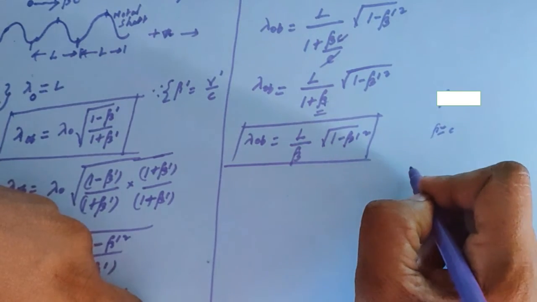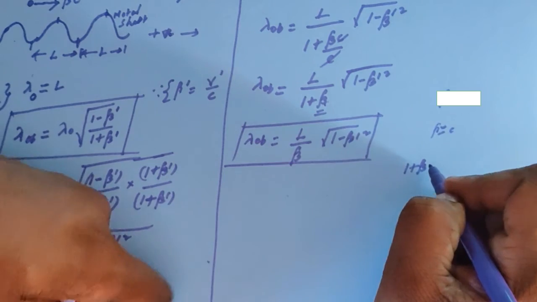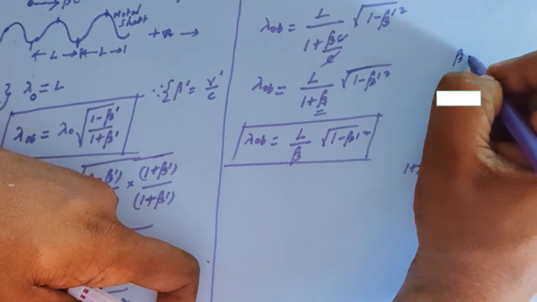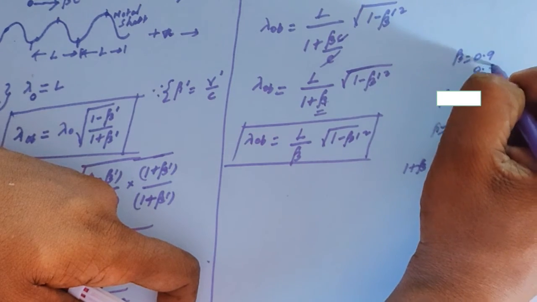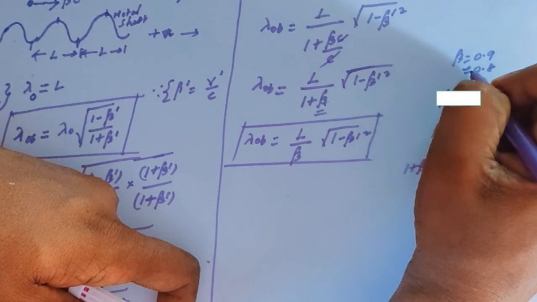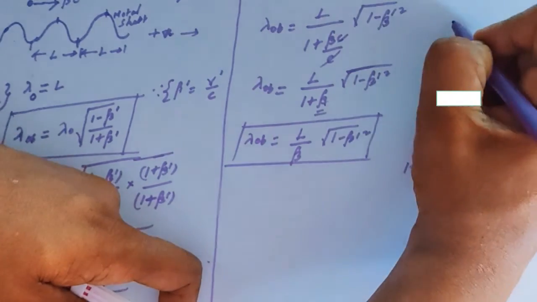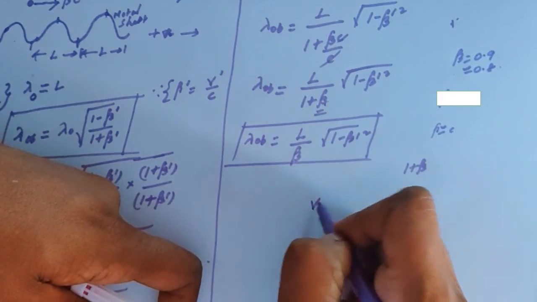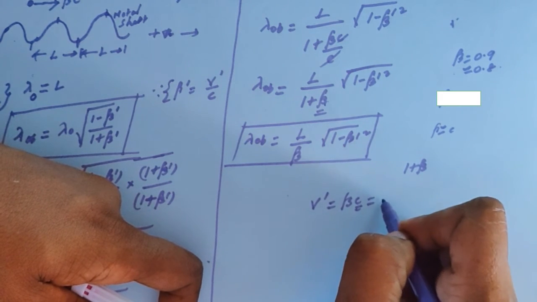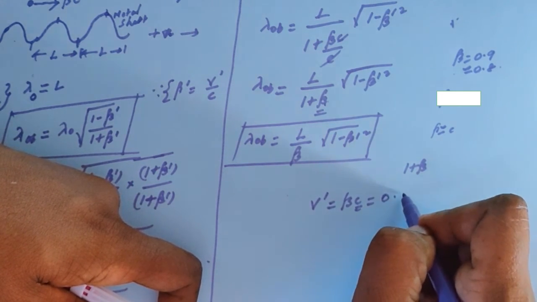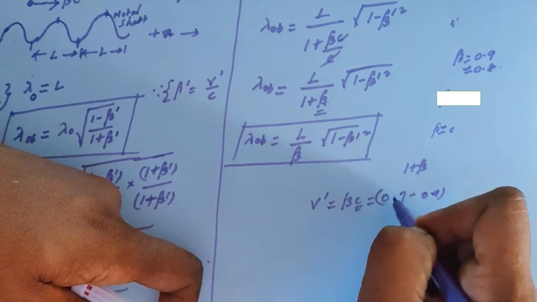The charge will move with a velocity nearly equal to the velocity of light. Suppose approximately you can take the beta value as 0.9 or 0.8, something like that. In general, the velocity is nearly equal to the velocity of light. That's why the velocity of the point charge is written as beta times c. That means the beta factor may be approximately 0.7 to 0.9.